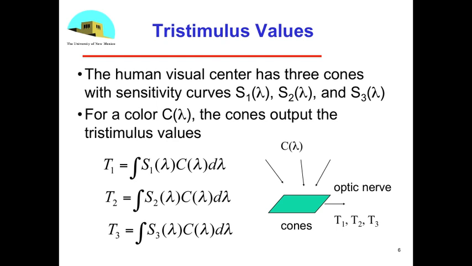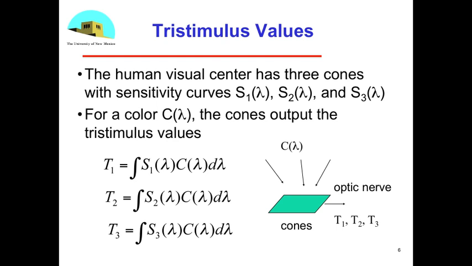Now, if you have a camera that takes RGB pictures, it has its own 3 sensors at each pixel, in a very small area, and they measure their own S1, S2, and S3, which are going to be different from the ones in your eye.